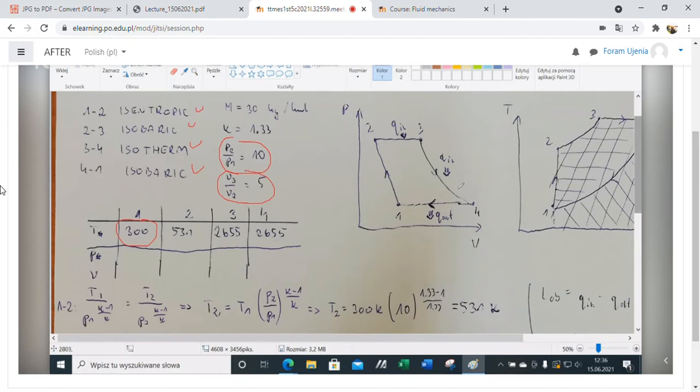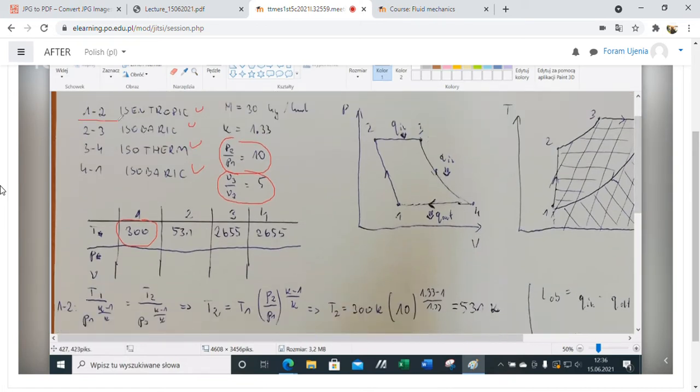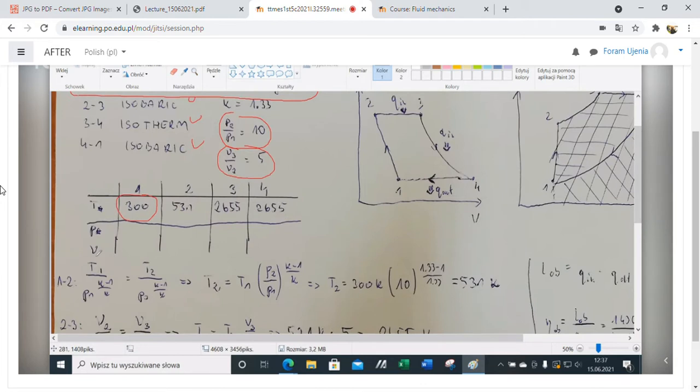Okay, that we know. So, at first, I will take the isentropic process under consideration between 1 and 2.